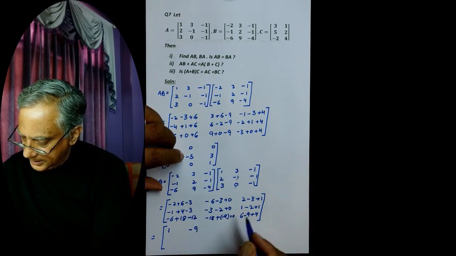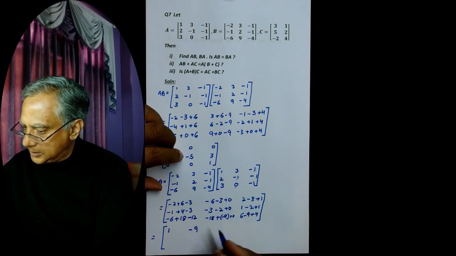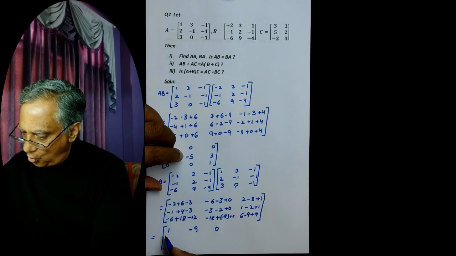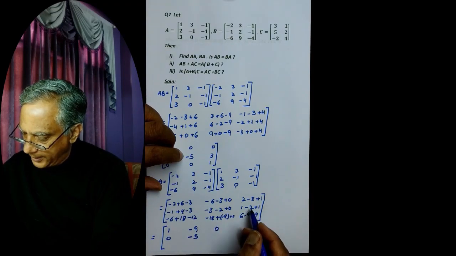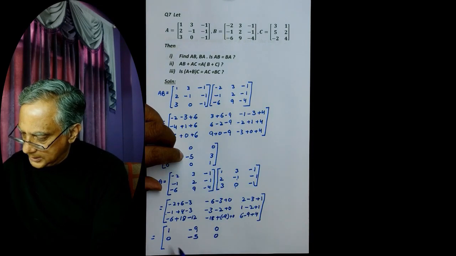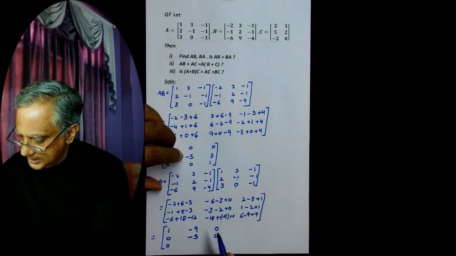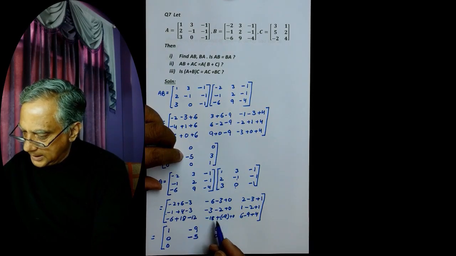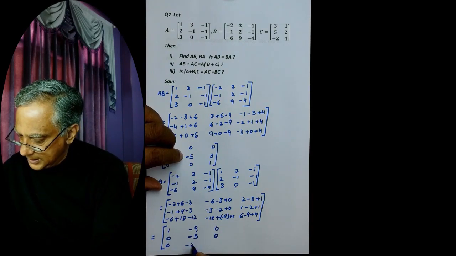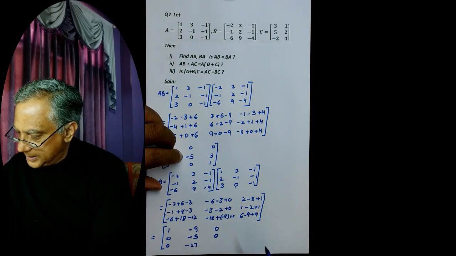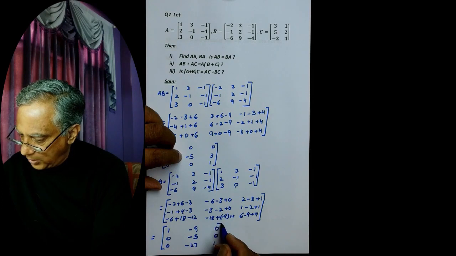Minus 9. And this is 3 minus 3 is 0. This is minus 4 plus 4, 0. Minus 5. 2 minus 2 is 0. And minus 18 plus 18 is 0. This is minus 18 minus 9 is minus 27. And this is 10 minus 9, 1.